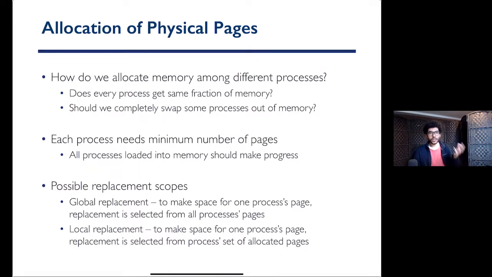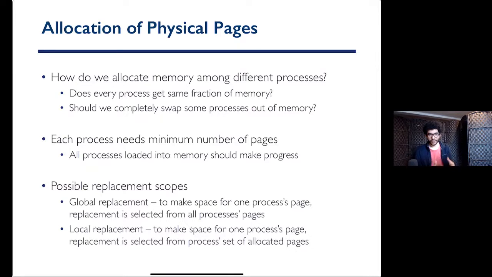Now, who is going to be the victim? This victim could be a page from another process. In that case, you're giving some of the memory you had given this other process to the first process. So let's say you have process 1 and process 2, and process 1 wants to bring a page, and the victim is from process 2.